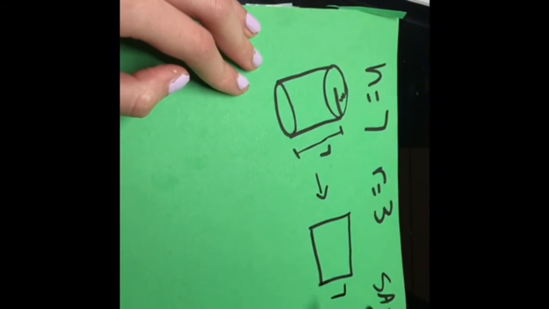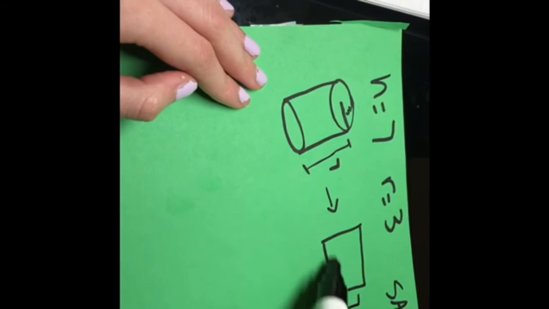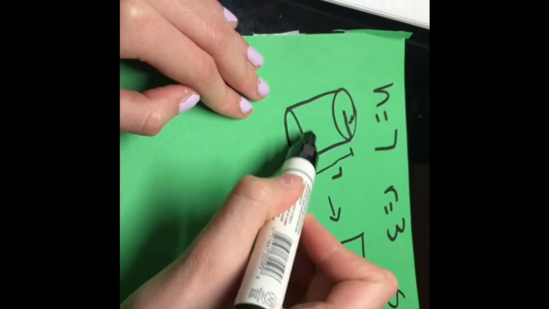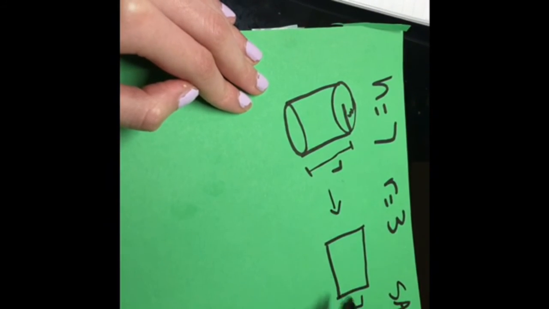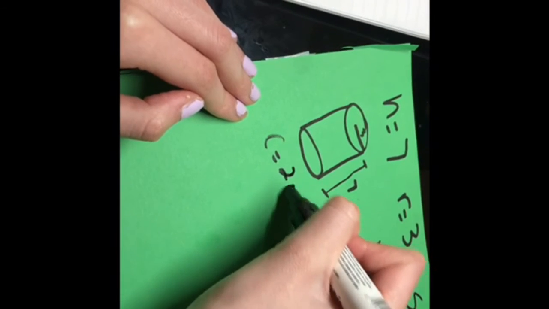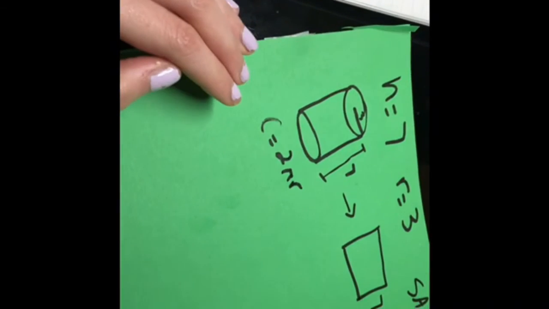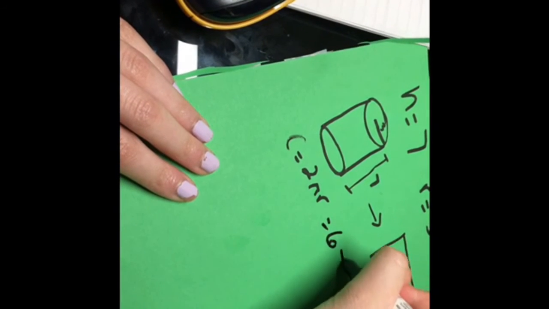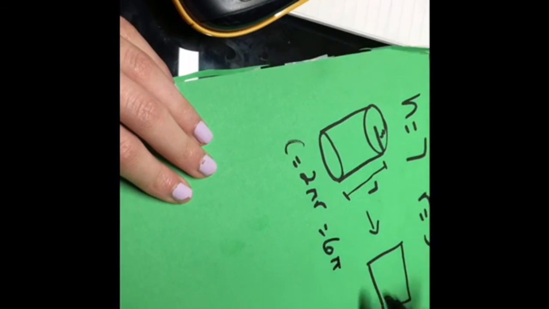It's not proportional, it's fine. And this part would be the circumference of this circle part. So the circumference is 2 pi r, which is, I don't even need a calculator. Equals 6 pi.